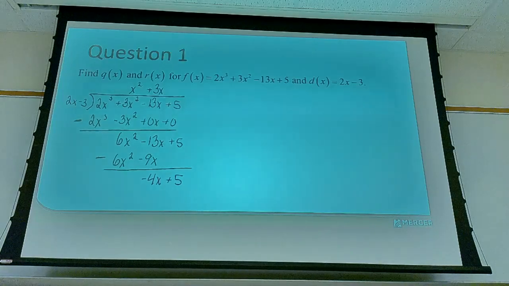It's our new leading term. What do you have to multiply 2x by to get negative 4x? Or negative 2. Negative 4x plus 6.